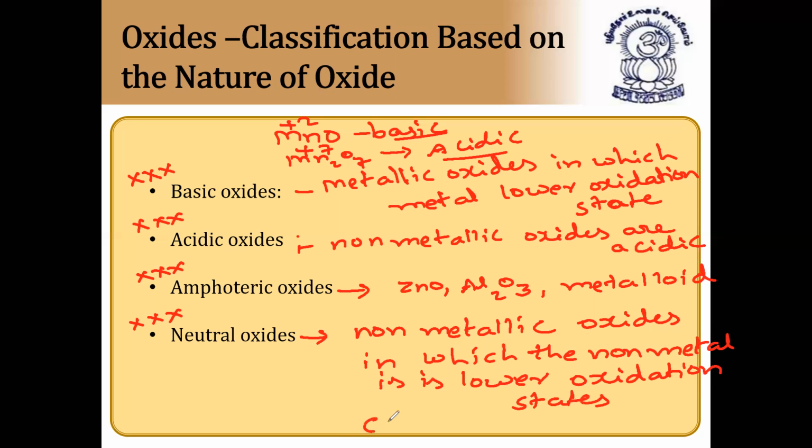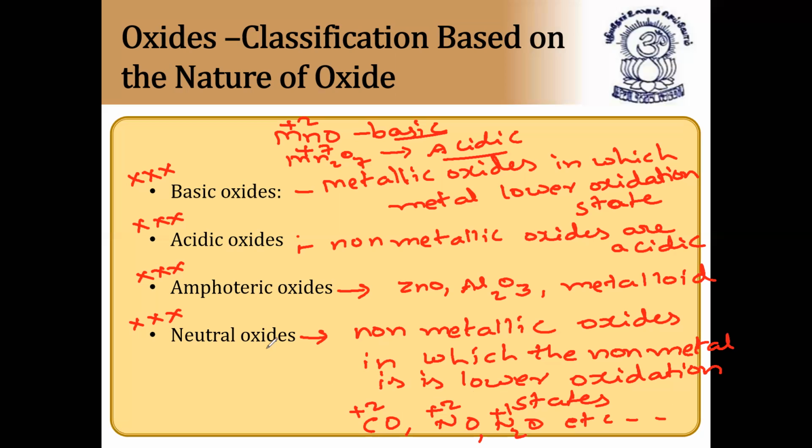Example, CO, carbon monoxide, the oxidation state of carbon is +2, and NO, nitrogen monoxide, it is +2 again. N2O is neutral again because the oxidation state of nitrogen is +1 only. Sulfur dioxide and sulfur trioxide are acidic, whereas sulfur monoxide is a neutral oxide.